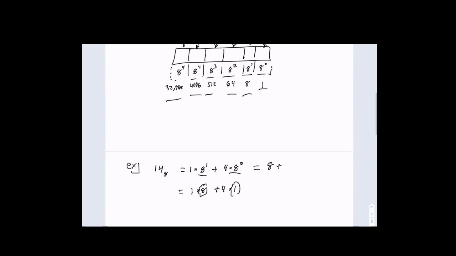But we have 8 plus, and what do I get from this? What do I get on the second side?